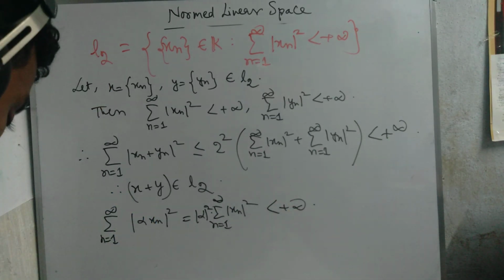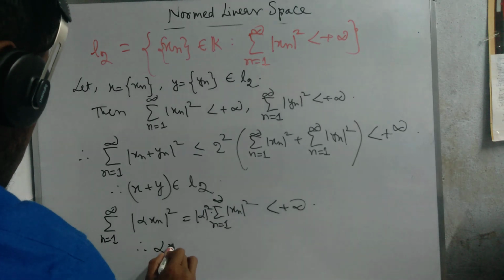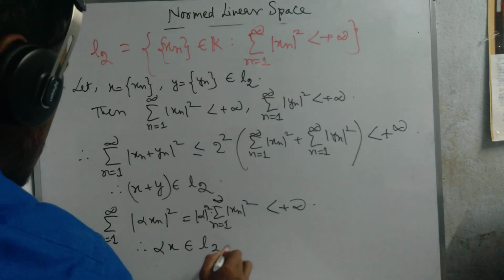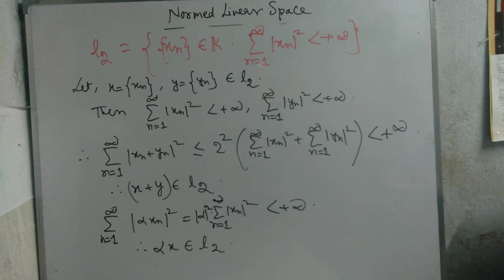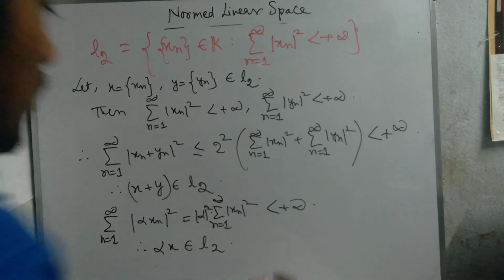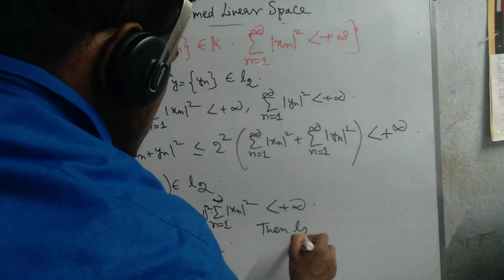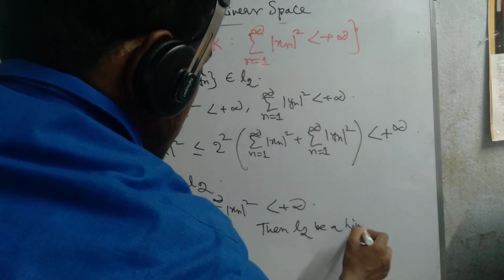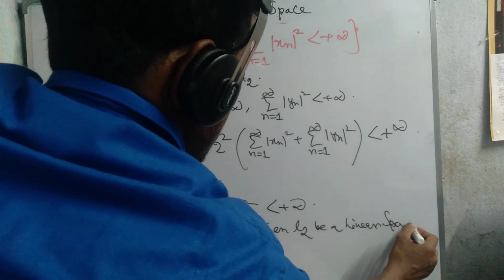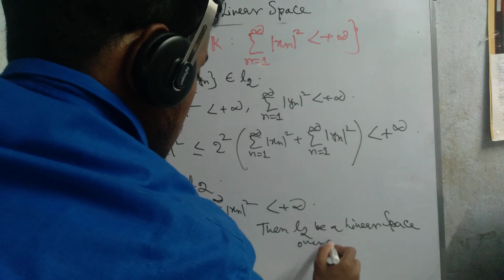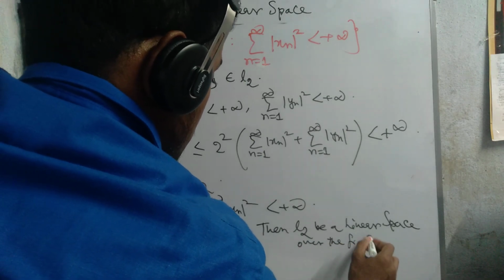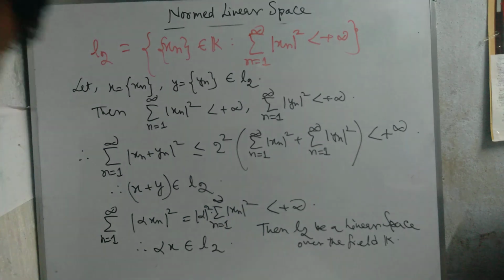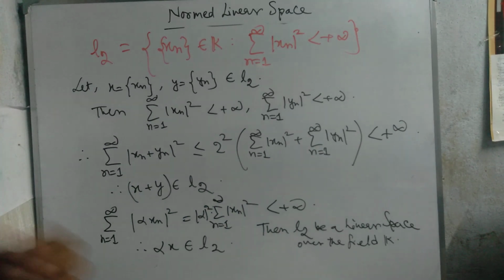Then alpha x belongs to L2. Then L2 is a linear space over K.